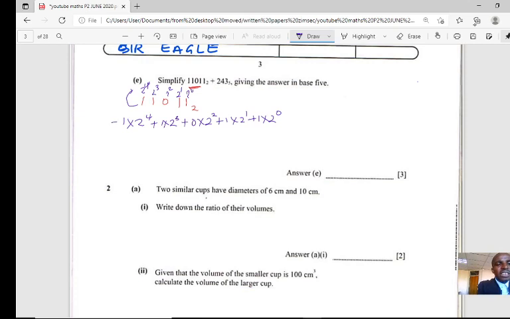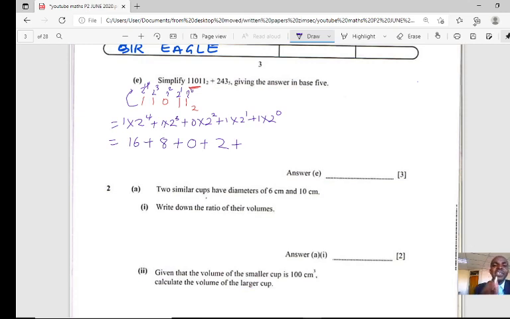Then you simplify. 1 times 2 to the power 4 is actually 16, plus 1 times 2 to the power 3 is 8, plus 0 times 2 to the power 2 is 0, plus 1 times 2 to the power 1 is 2, plus 1 times 2 to the power 0, 2 to the power 0 is 1.